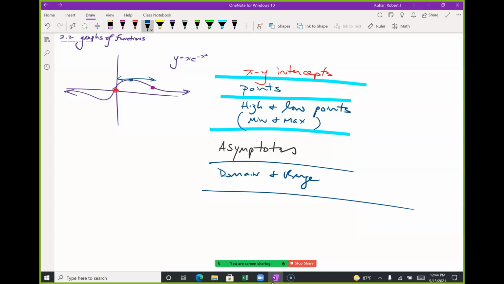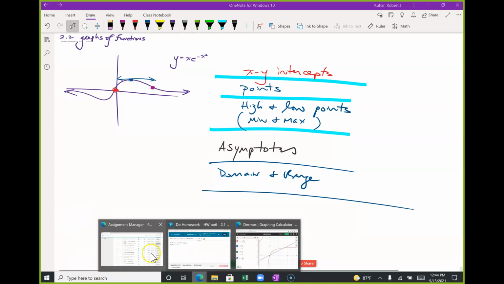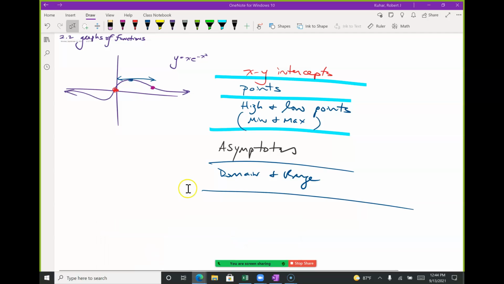But anyway, we're ready to look at problems. We've done all of this before, so this is really not anything new. So let's take a look at homework 7.